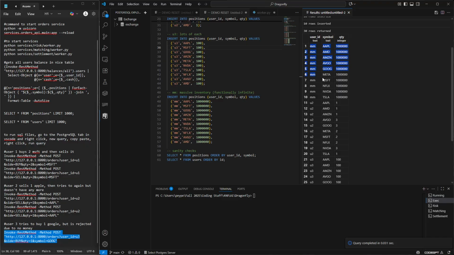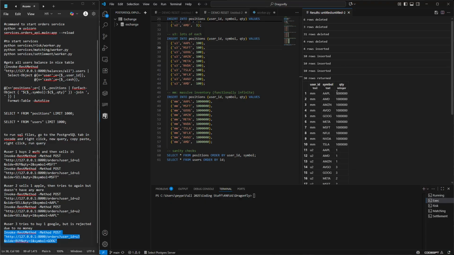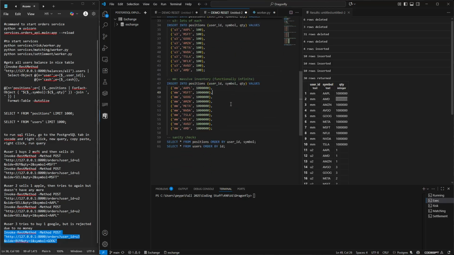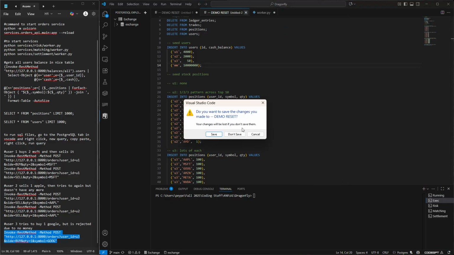And you can see it creates the users as well as gives them their stock positions and also establishes the amount of cash that each user as well as the market management has. It's worth noting this market management is basically given an essentially infinite amount of stock. That's obviously not how it works in real life, but it's set to a very high number just for the purposes of this demonstration. This obviously isn't how it would be implemented if this were working in the real world.